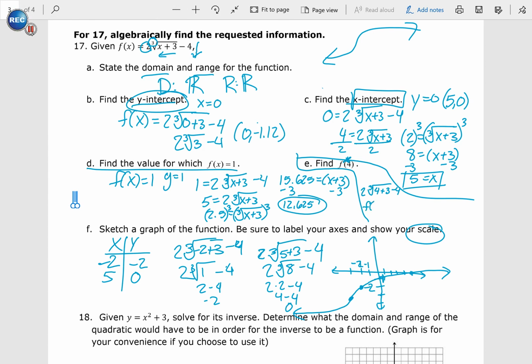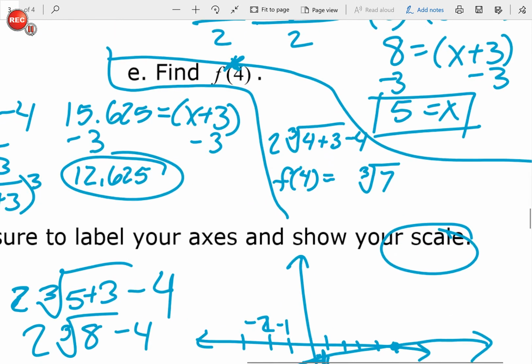Okay, and I'm going to rewrite f of 4 here equals 7 plus 3 is just going to give us the third root of 7. Okay, minus 4, and the 2 is in front.